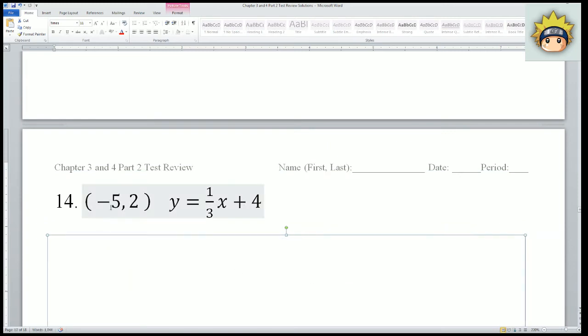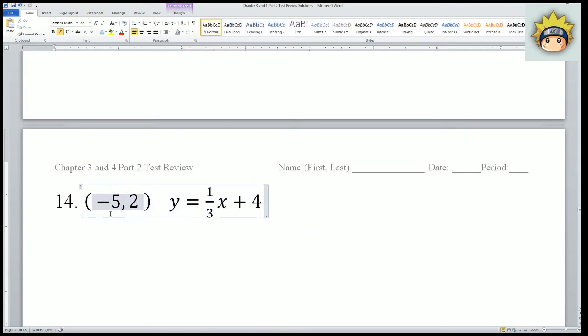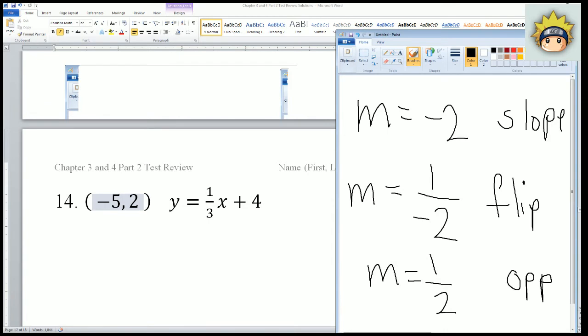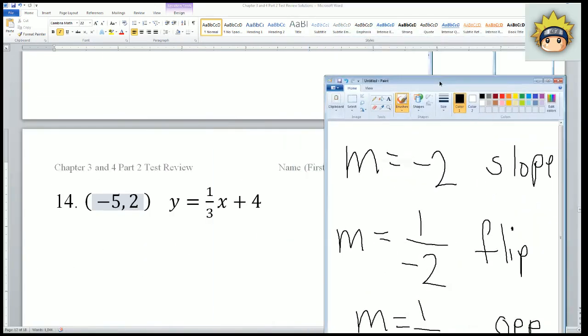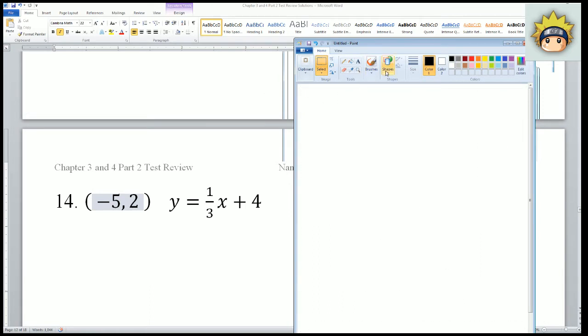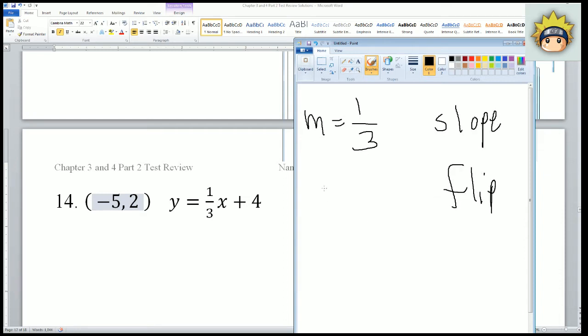Okay, 14. Here's the point, and here's the slope. Let's find the perpendicular slope. Let's clean this up a little bit. The original slope here is 1/3. Let's flip it. That's the reciprocal.